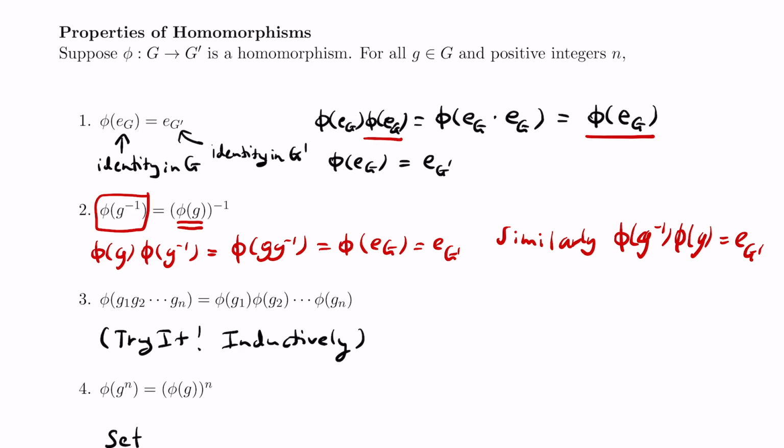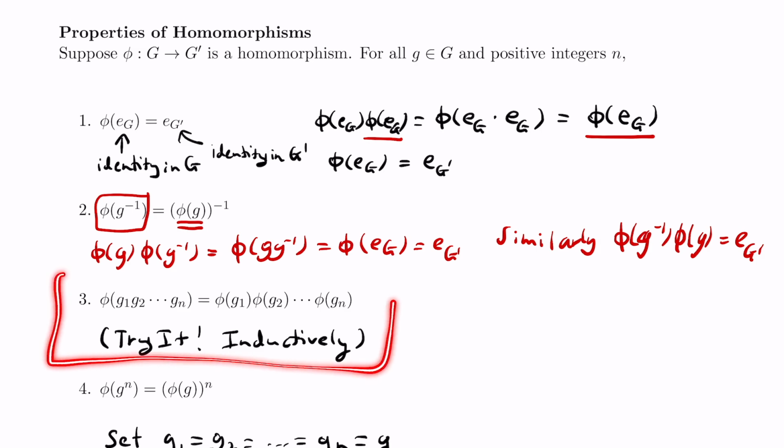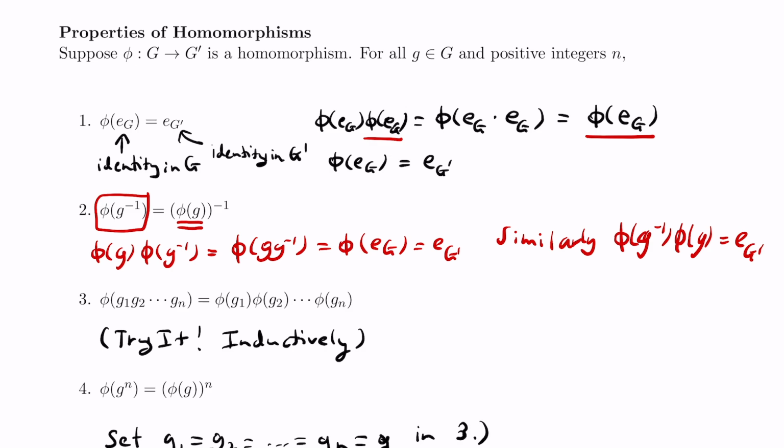If we set all the g_i's in this particular formula to be the same and equal to g, then we get exactly this thing that we want right over here.